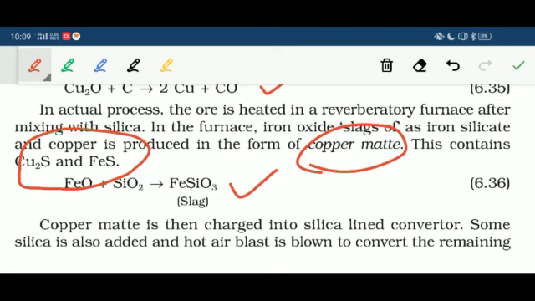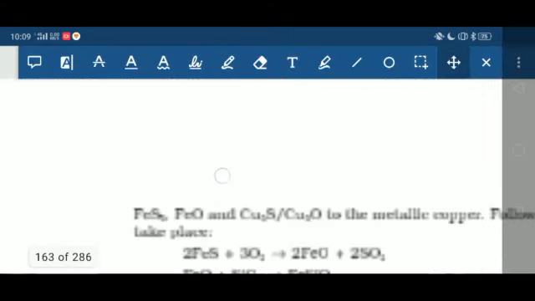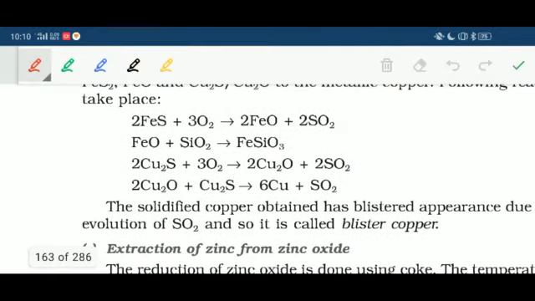Now we have to separate this ferrous sulfide from copper sulfide. For this process, we again heat the ore in oxygen, and due to the heating, ferrous sulfide is converted into ferrous oxide, and this ferrous oxide reacts with silica again to convert into slag, which can be removed.